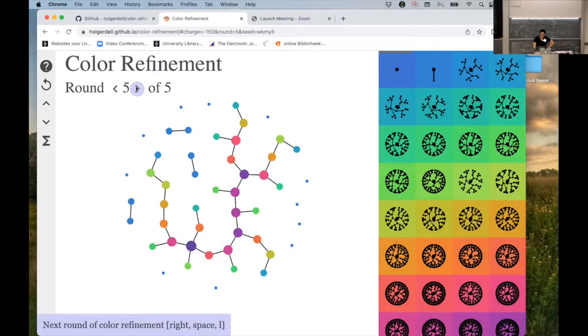This also continues, but it's going to stop eventually because at every step we're reaching a partition of the vertices into color classes, and we're refining the color classes at every step. So eventually you will reach the singleton partition and this procedure has to stop. But actually, as soon as you reach an equitable partition, this procedure will also stop.